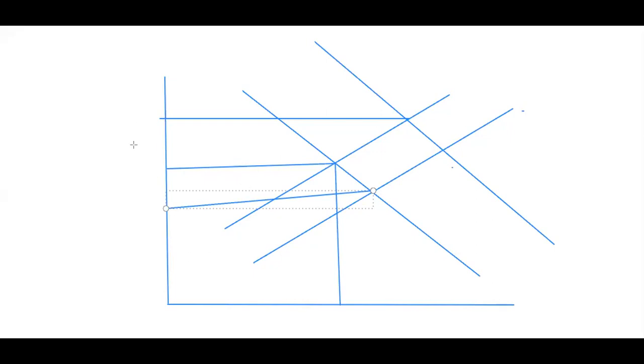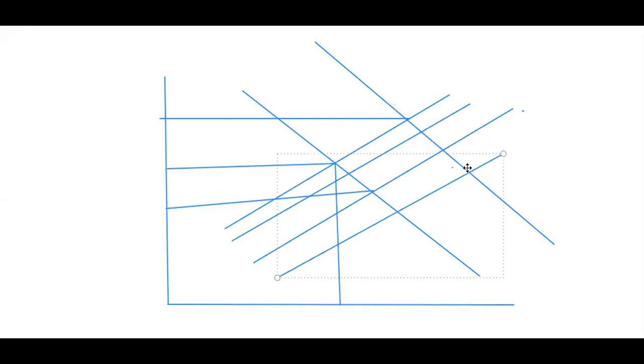So assuming that you get an increase in interest rate, you draw your LM curve in a way that this is going to be the new equilibrium point, and this is causing an increase in R. But if there was a reduction in R, then draw your LM curve in a way that the new equilibrium will ensure a decrease in R.